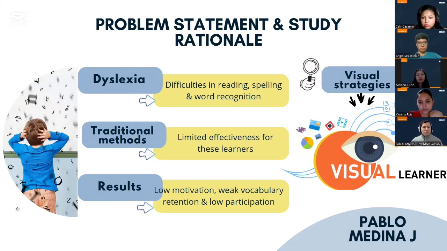For this reason, visual learning strategies such as images, flashcards, videos, audiobooks, graphic organizers, and color-coded materials can be very helpful. These strategies allow students to connect new vocabulary with visual support, which makes learning more meaningful and easier to remember.